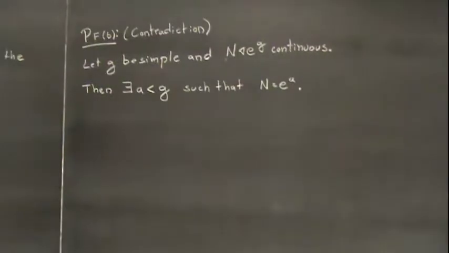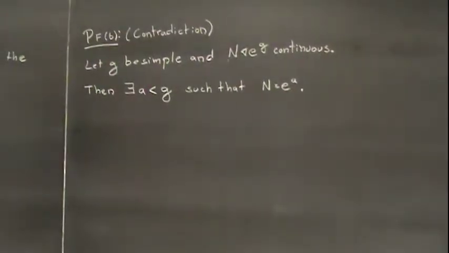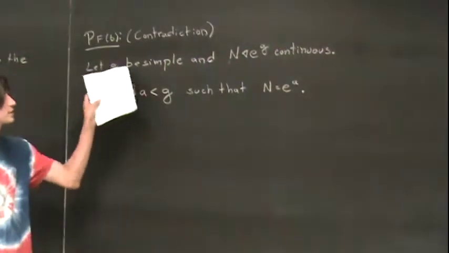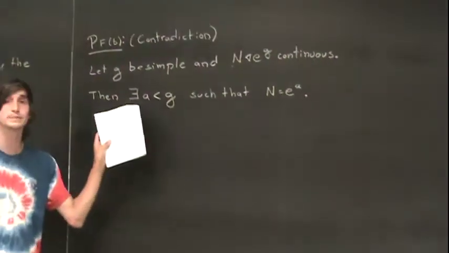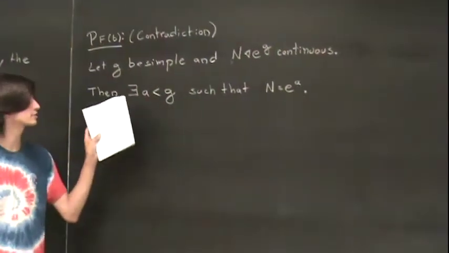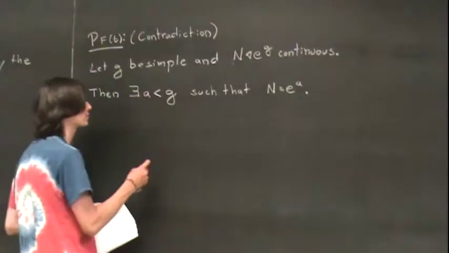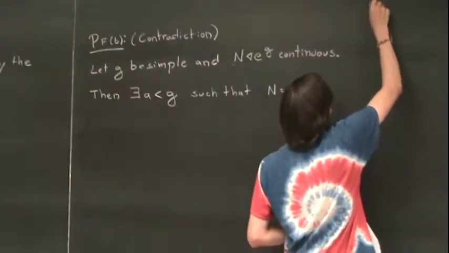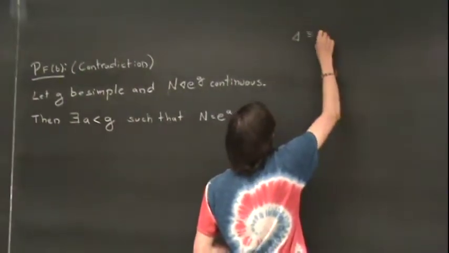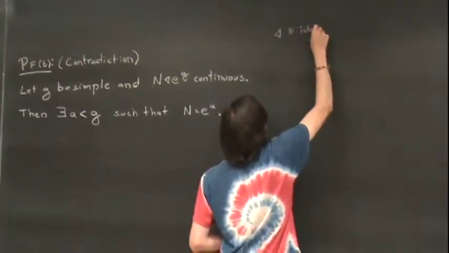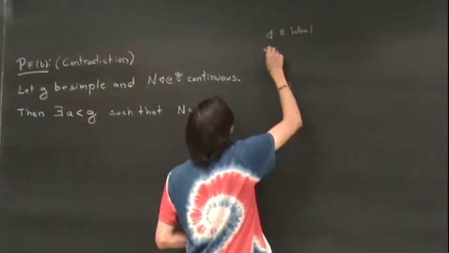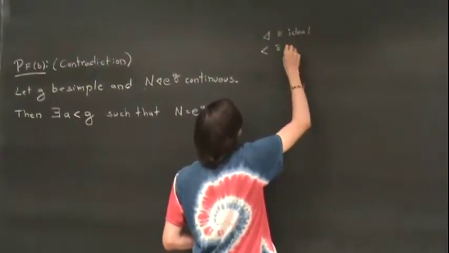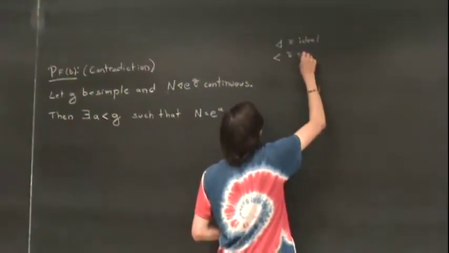Do you mean a triangle for A? No, because I'm assuming that G is simple. So A is not going to be an ideal of G. It's just a subalgebra. In general, the triangle is indicative of an ideal subalgebra, but just the less than sign is indicative of just a normal subalgebra.